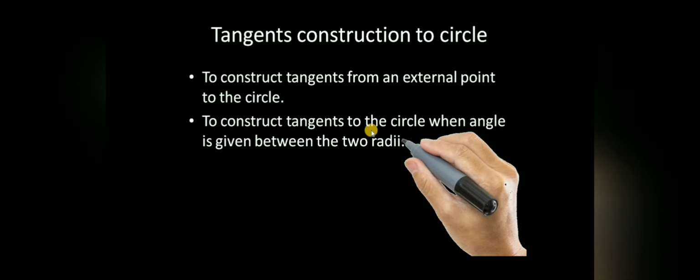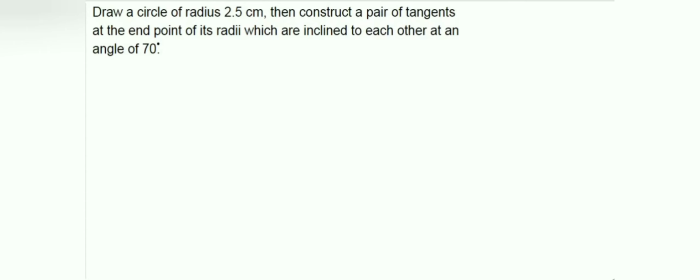Let's see, I am taking one example here. Draw a circle of radius 2.5 centimeter. Then construct a pair of tangents at the end point of its radii which are inclined to each other at an angle of 70 degrees.